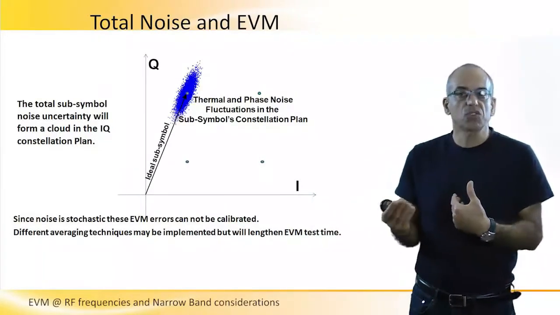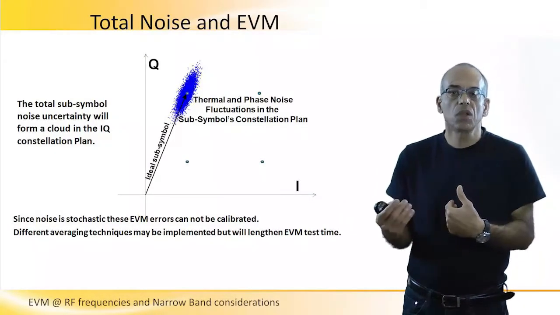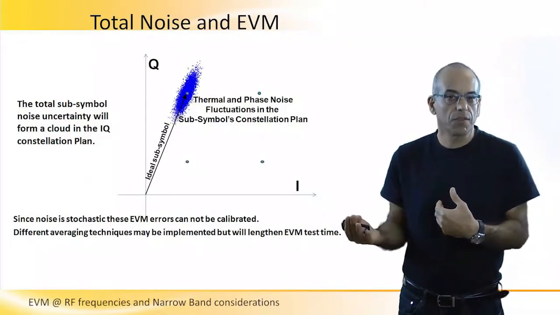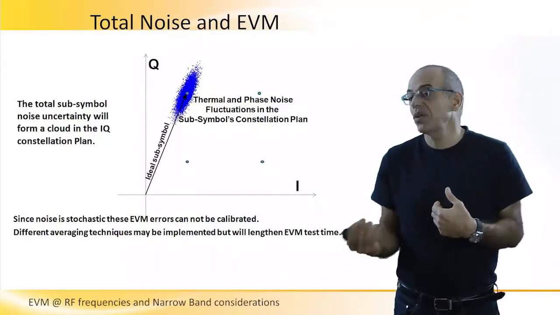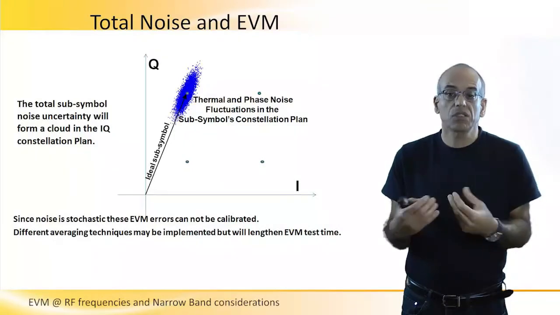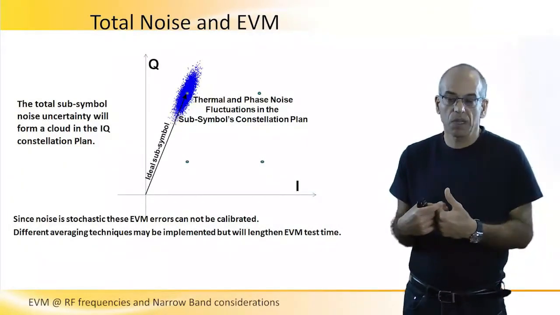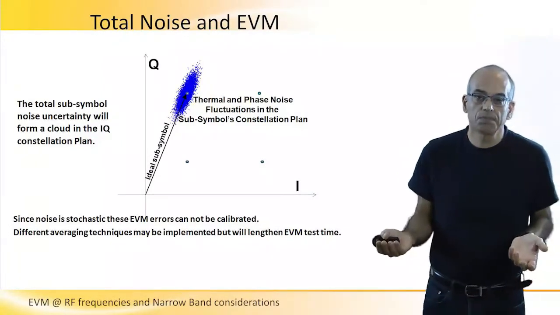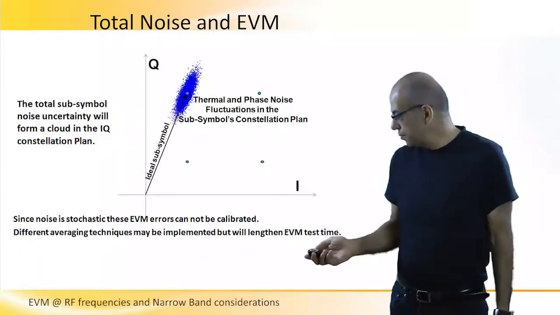So that's a trade-off, but that's the only thing we can do when we want to reduce the contribution of phase and thermal noise in test or in the system. Of course, the best approach will be to limit both noises to the required level as early as possible, rather than trying to average later on.